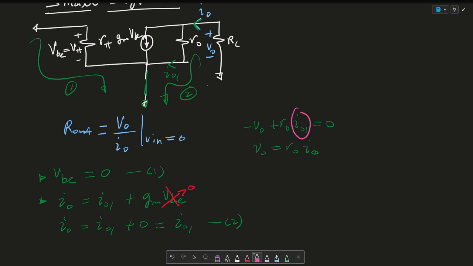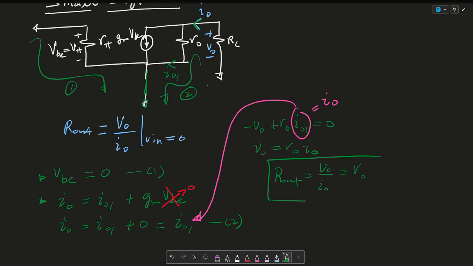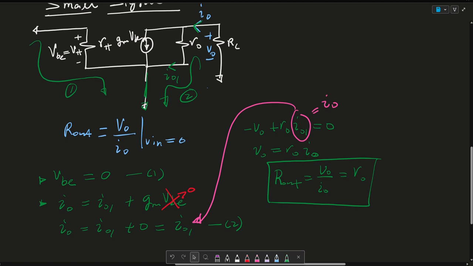And IO1 is equated to IO, as shown here. And essentially, R out, which was VO over IO, is equals to RO. So this is my R out equation. So I hope that makes sense.